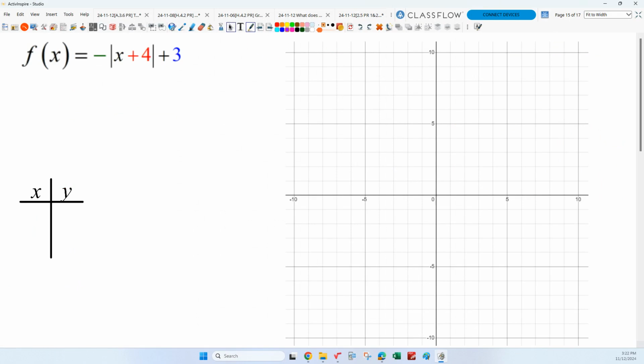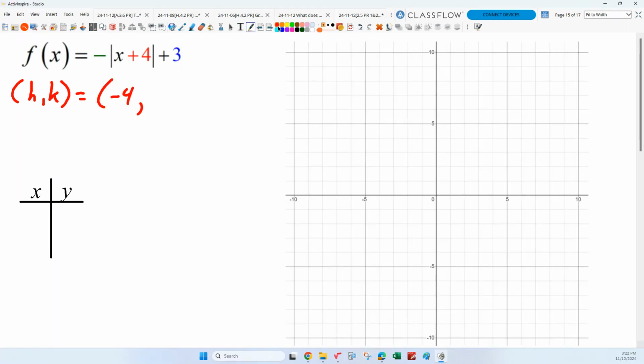So let's try this one. Okay, stare at that for a second. So can anybody tell me from looking at this here, what are the values of h and k? What's h? Negative 4.